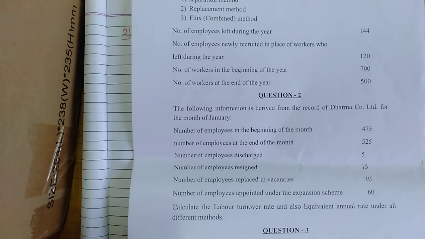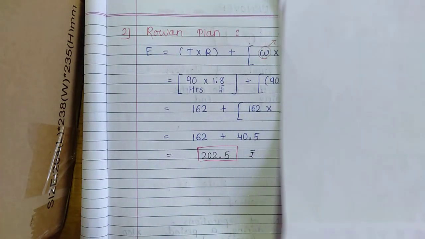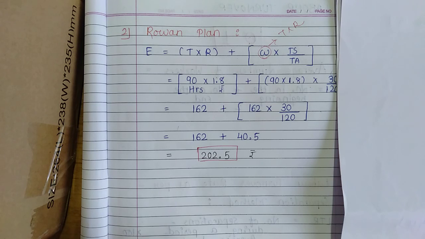Out of these 22 sums, the majority have been calculated for you, and the remaining 5 to 6 sums I have given you in your homework. So here we are concluding the first type of sums in your unit number 3, labor cost. The sums of different wage systems, that type of sums, we complete today, right?